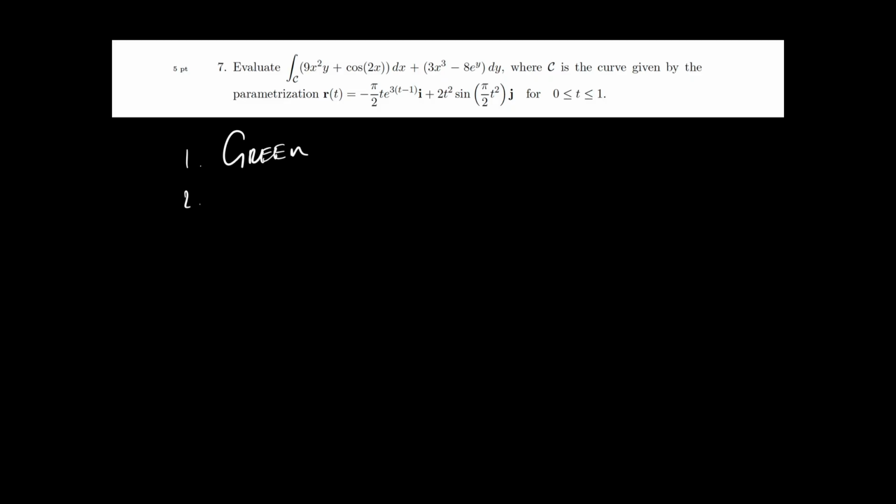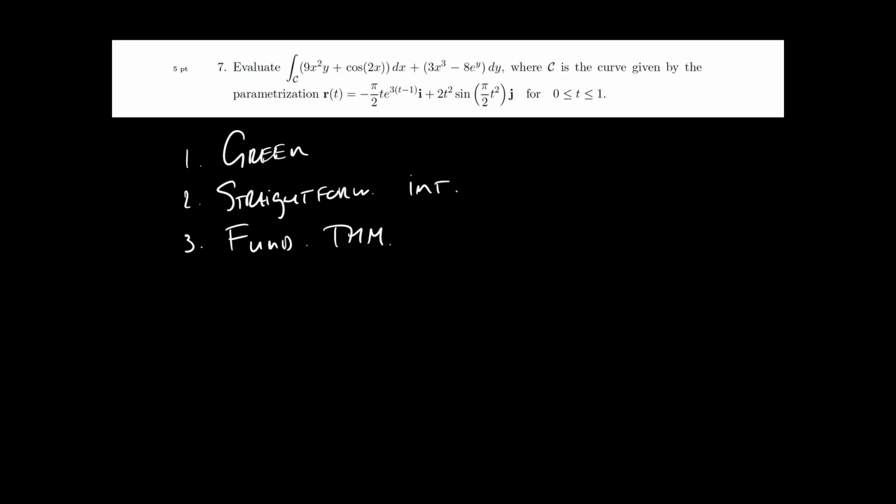If that's not the case, then we can just calculate that line integral by parametrizing the curve and working out the details of that integral. So straightforward integration. And then, if we are lucky, the vector field that we are integrating here is conservative, and in that case we can apply the fundamental theorem for line integrals.